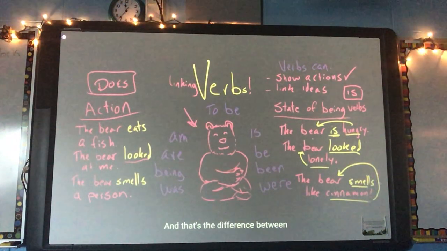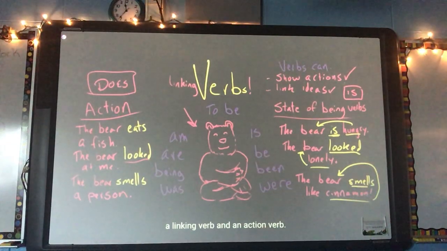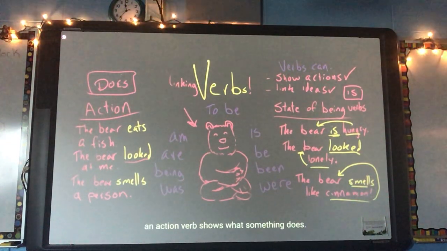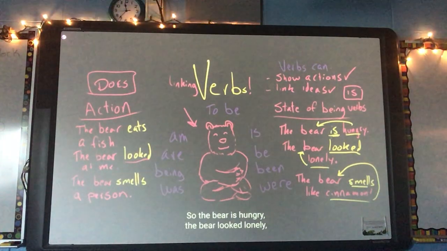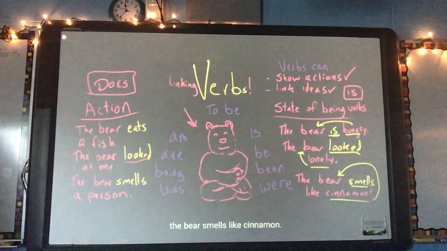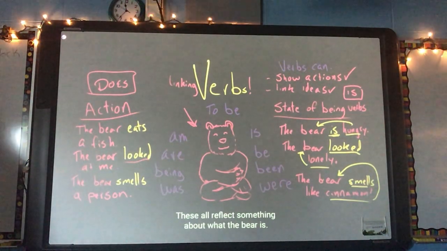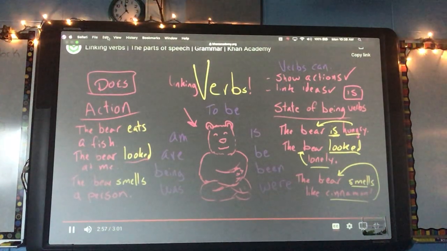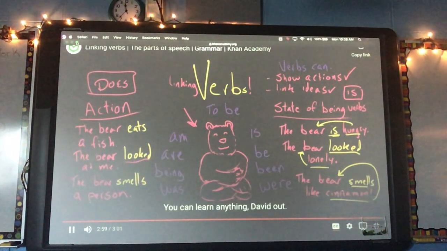And that's the difference between a linking verb and an action verb. A linking verb shows what something is, an action verb shows what something does. So the bear is hungry, the bear looked lonely, the bear smells like cinnamon. These all reflect something about what the bear is, how it's being. You can learn anything, David out.